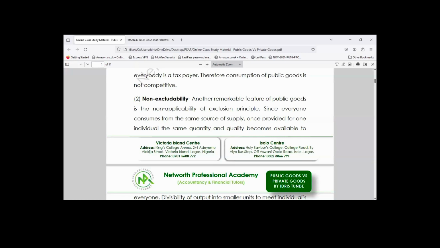Or because this one is staying in Ikorodu, while this one is staying in VI, it doesn't have access to it. No, since it's provided by government, either you are poor or you are rich, you have the same rights. You can't exclude people based on their religion, based on their tribe, or based on their income level.